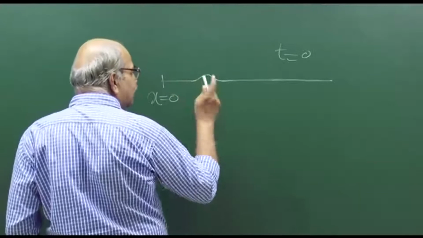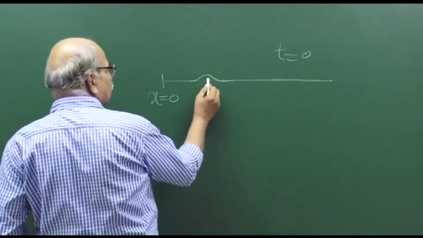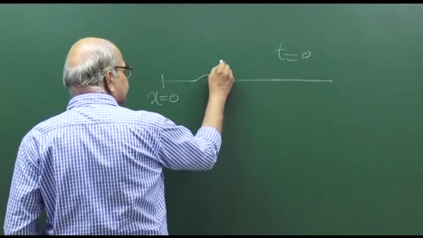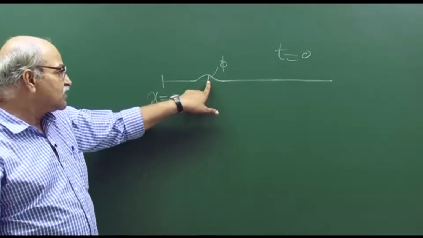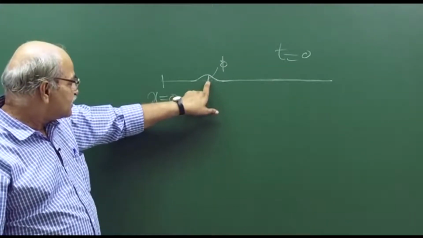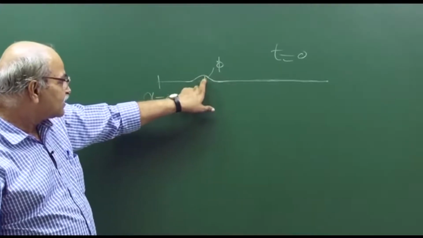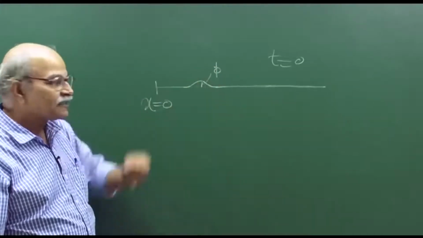To quantify that, let us say that how much sideways it has gone, we call that as phi. So, this portion of the string has been sideways deflected from here to here, and that deflection, that displacement, I call phi.